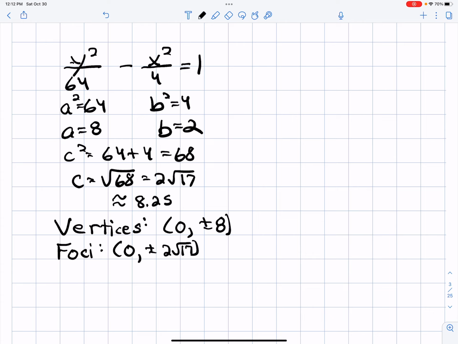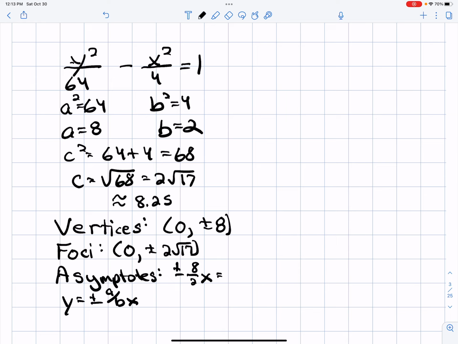And then our asymptotes, those get switched up. It's going to be y equals plus or minus a over b x. So we got plus or minus 8 over 2 x.